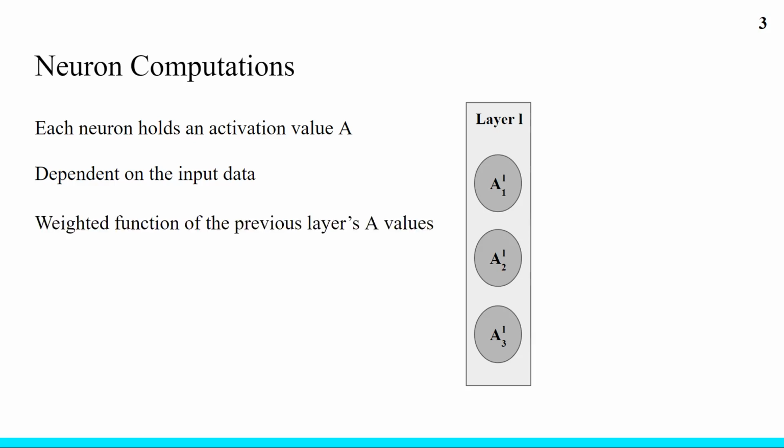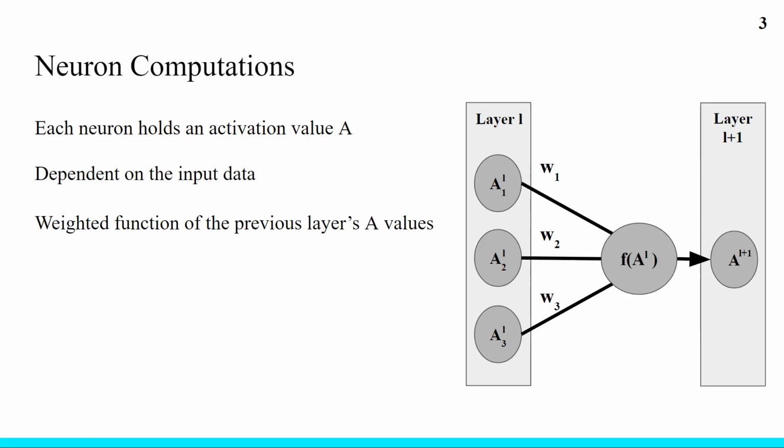And to actually calculate these activation values, for the first layer in the network, it's based on the input value itself. But for subsequent layers, it is calculated as a weighted combination of the activations in the preceding layer. And these are used to give the activations in the subsequent layers, and that propagates up until the output of the network is eventually calculated.